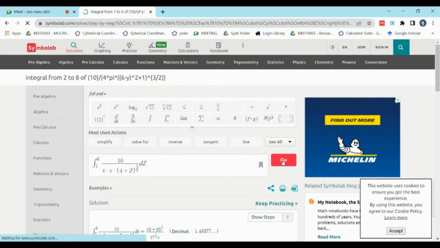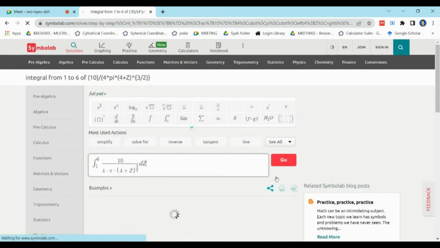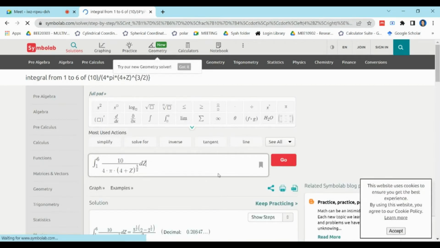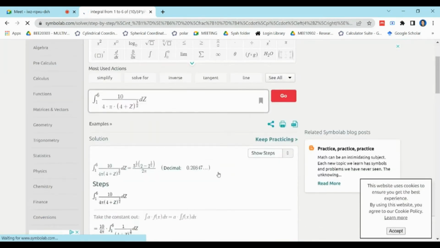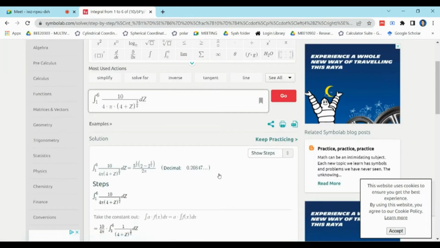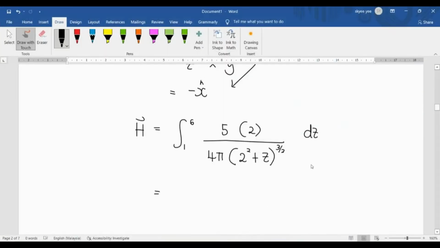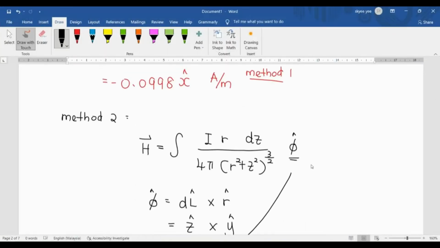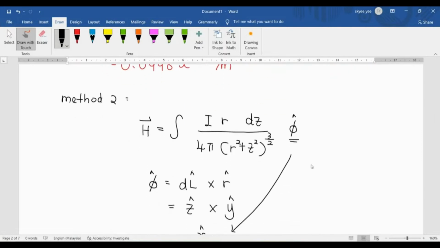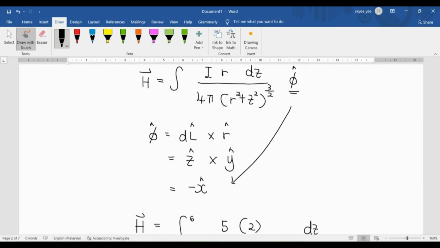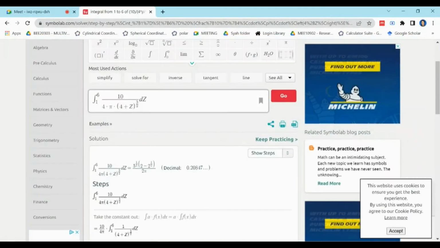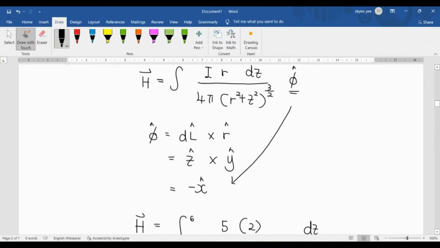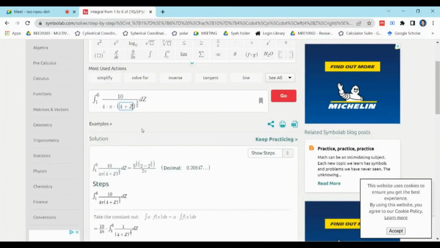So you can calculate this. Oh, a different answer. I R, oh, 3 over 2. Yes, 3 over 2. Oh, z square, sorry. This one should be z square.